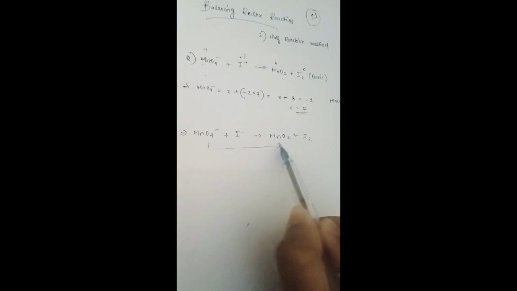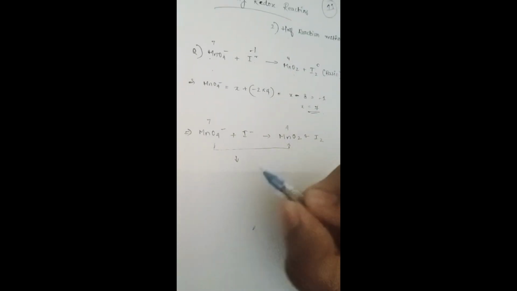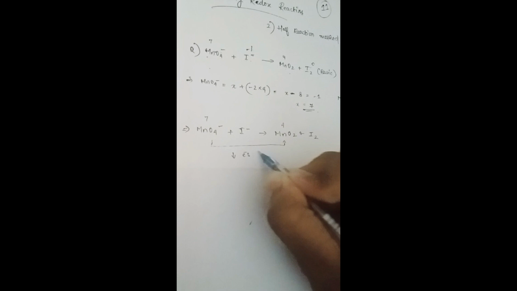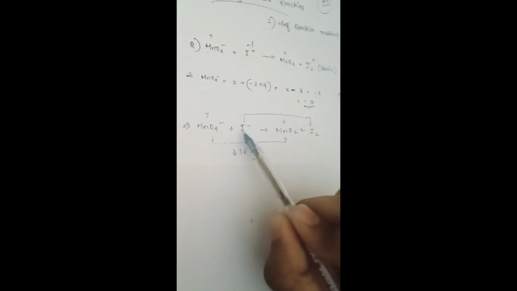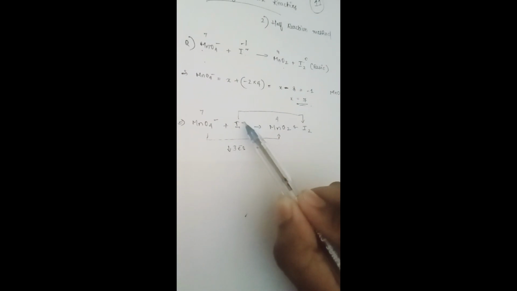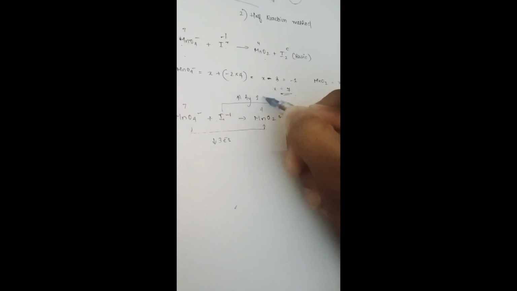The oxidation number of Mn was 7 and is now 4, so it went through reduction by 3 electrons. For iodine, the oxidation number goes from minus 1 to 0, so it is oxidized by 1 electron. So here it is 3 and here it is 1.